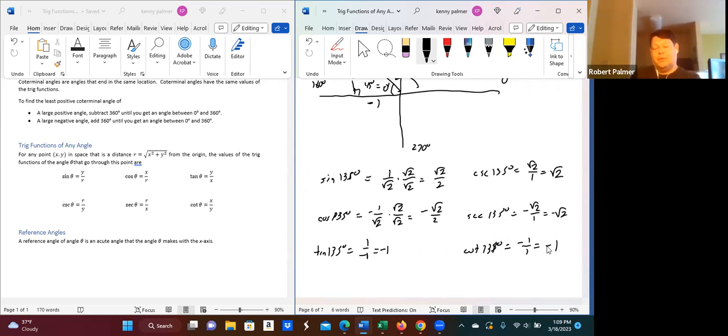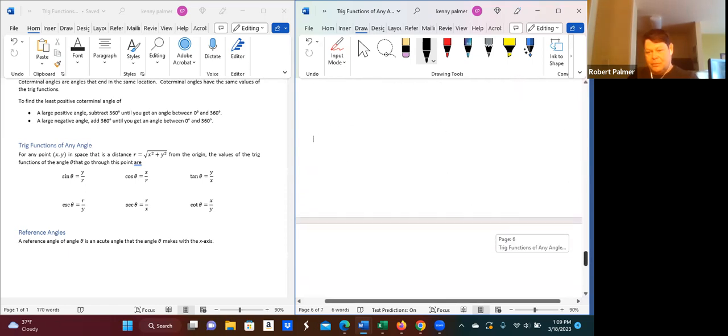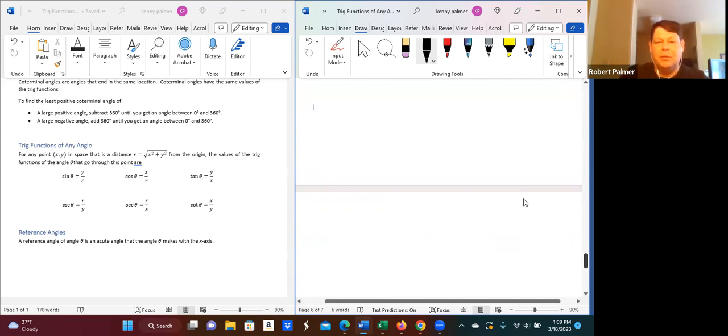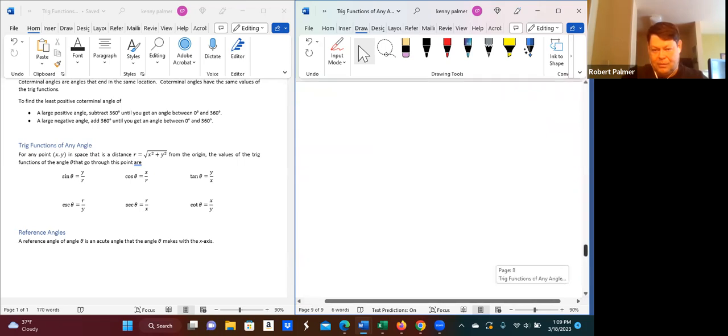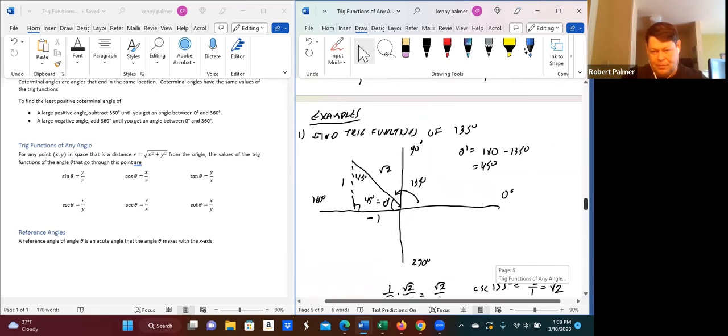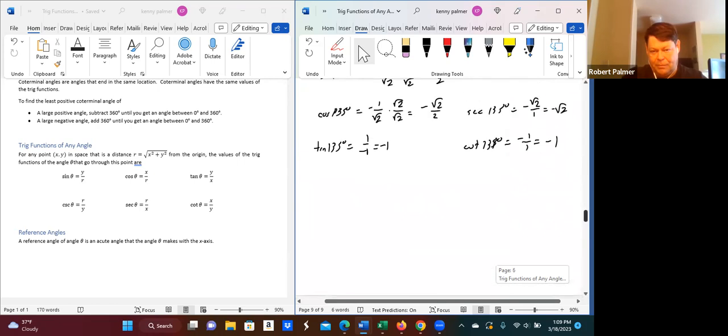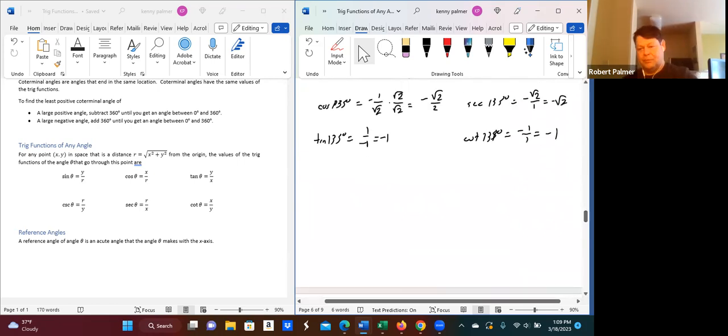Okay? So let's do one more example of the reference angles. Actually, I may need a little more space, just to make sure I have plenty of room. Good. Okay. Let's do another one.